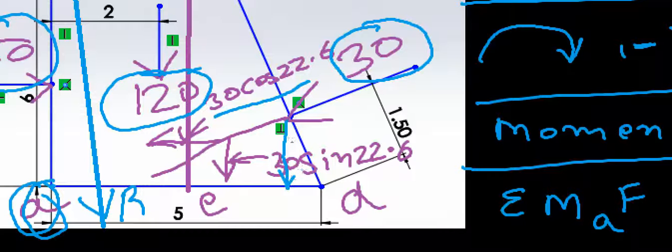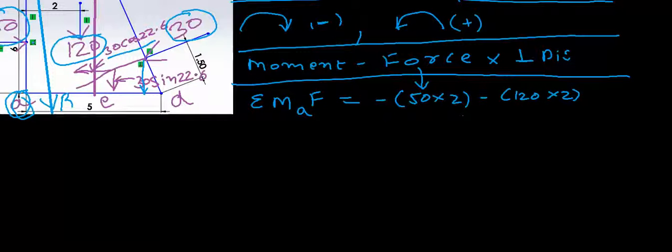So this is my force, which is 30 into sine of 22.6, multiplied by the perpendicular distance from this force up to this point A. Now how much will this distance be?